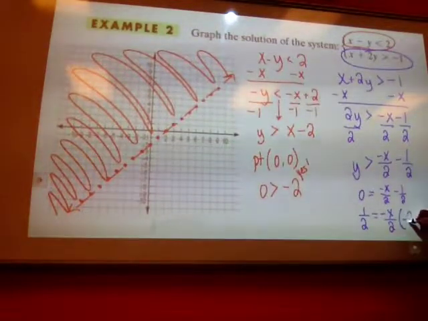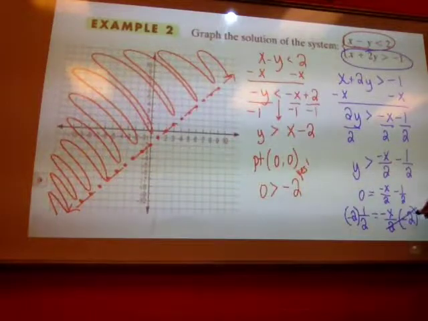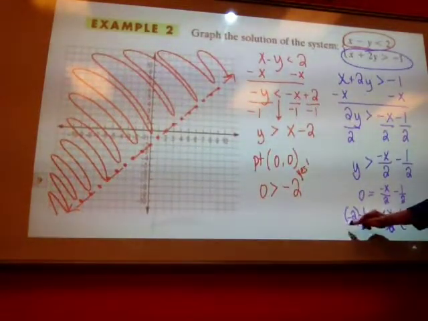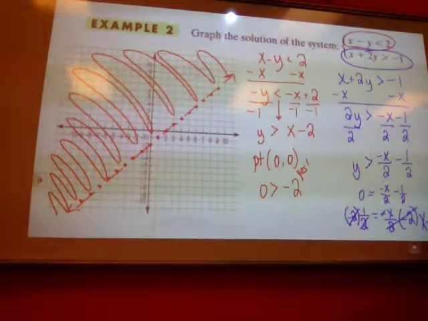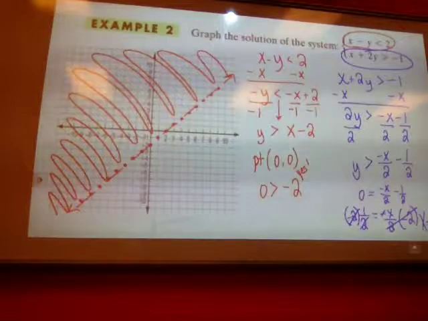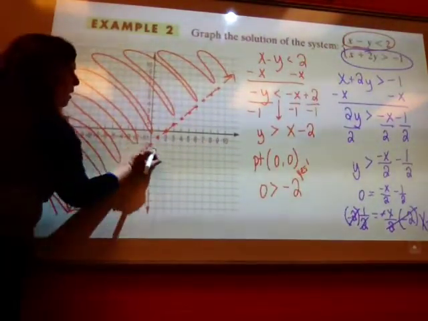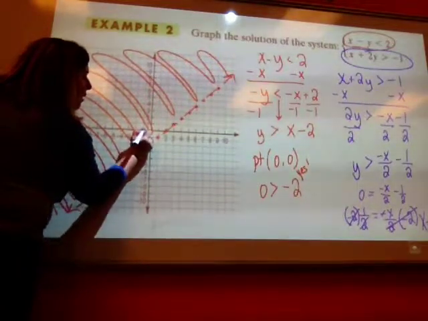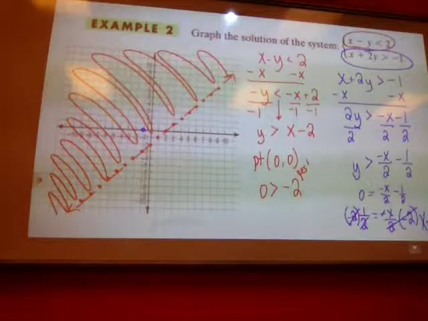If I multiply both sides by negative 2, I would get my x-intercept to be negative 1. We all agree with that? So if my x-intercept is negative 1, that's going to start right here. Everybody agree? Amazing how that works.